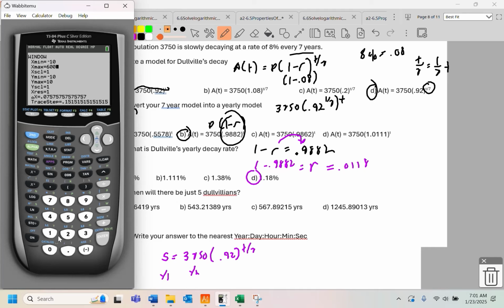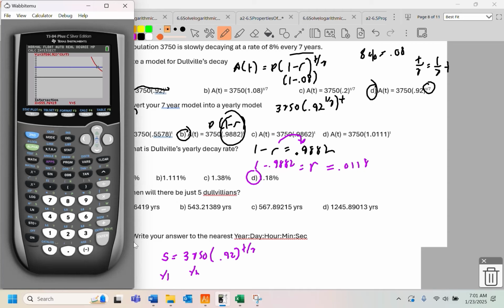Notice I'm not looking up because I just put a 5 into Y1. There it is. Second trace 5. Enter, enter, enter.